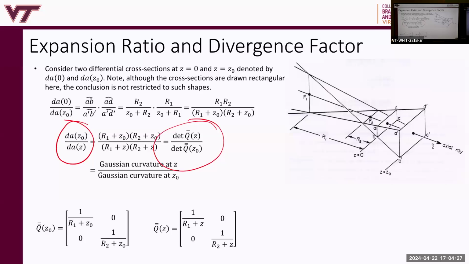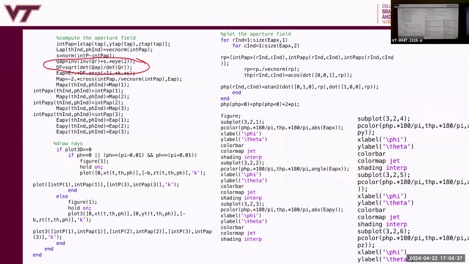So the square root of the ratio of the determinants of the Q matrices at 2 different points gives you the divergence factor. All right, so let's go back here. That's exactly what we do in that line of code right there.